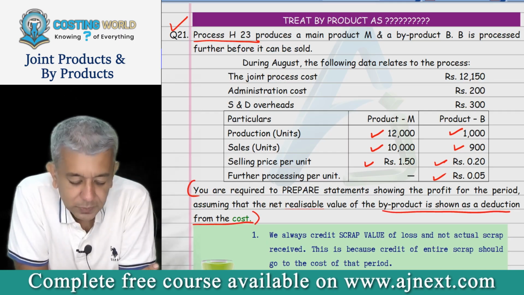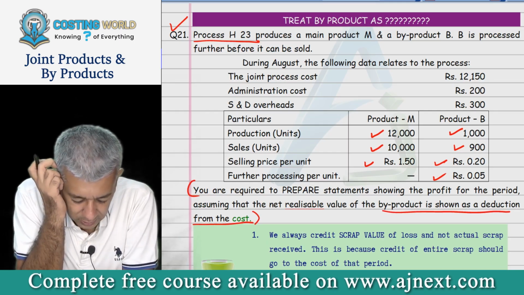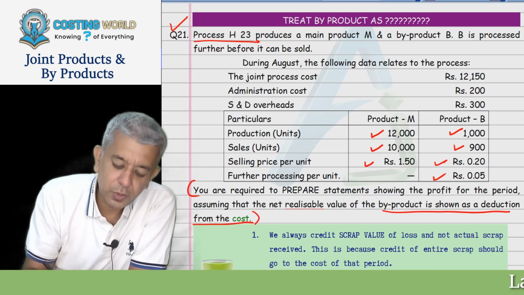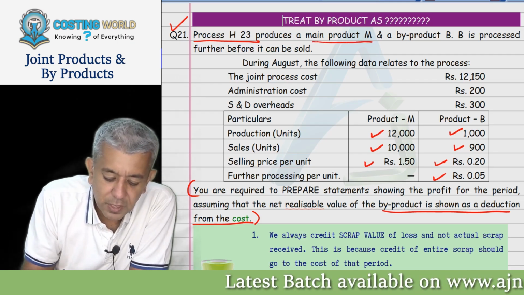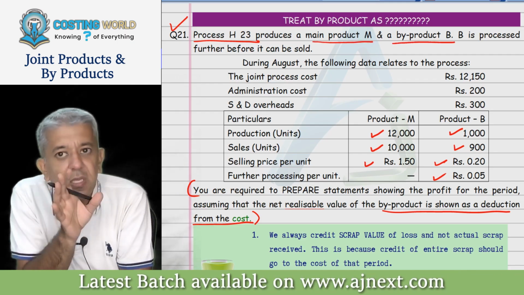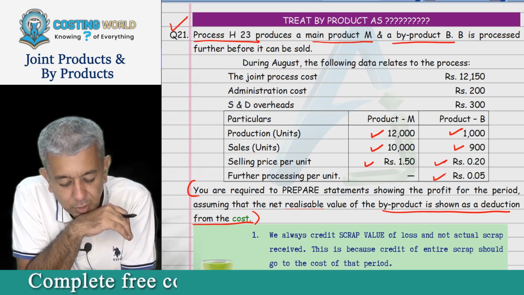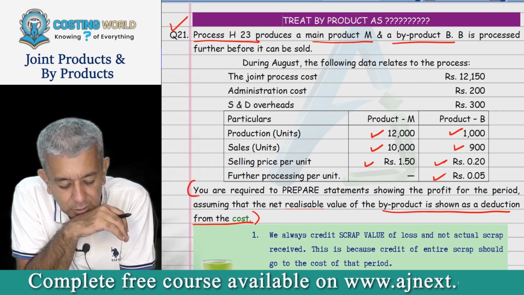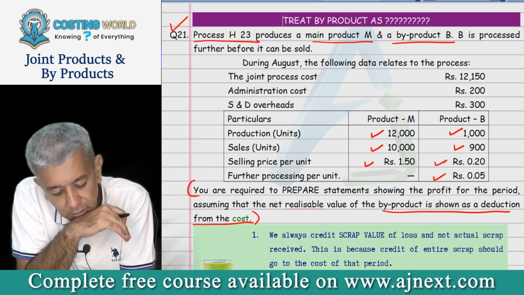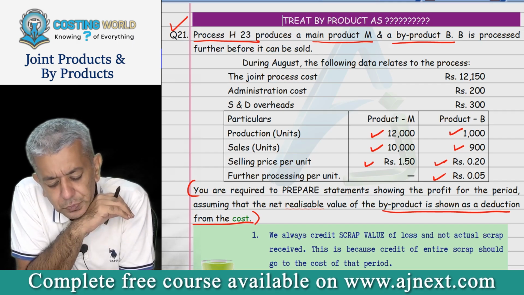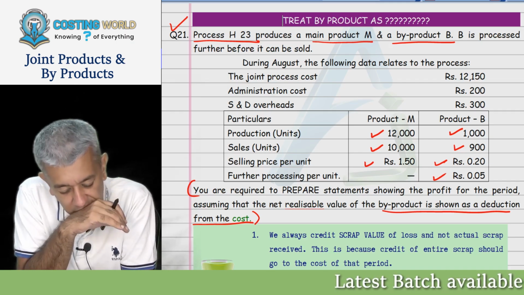Okay, now see. In this question we produce a main product M and a byproduct B. These are the two products that we all produce. Now, listen very carefully.